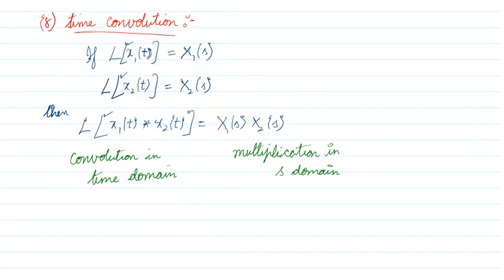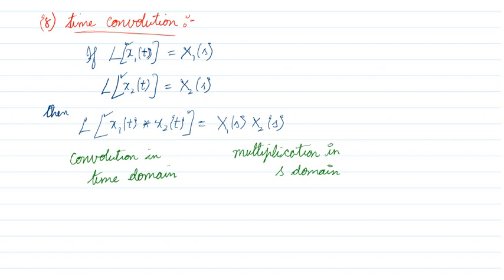Next is very important: time convolution. We know convolution in the time domain is very difficult. We have to do integration. Here, convolution in the Laplace domain is just a multiplication. This is the convolution symbol, the star symbol. If x1 of t and x2 of t are convolved in the time domain, that is equal to just multiplying the corresponding Laplace transforms.